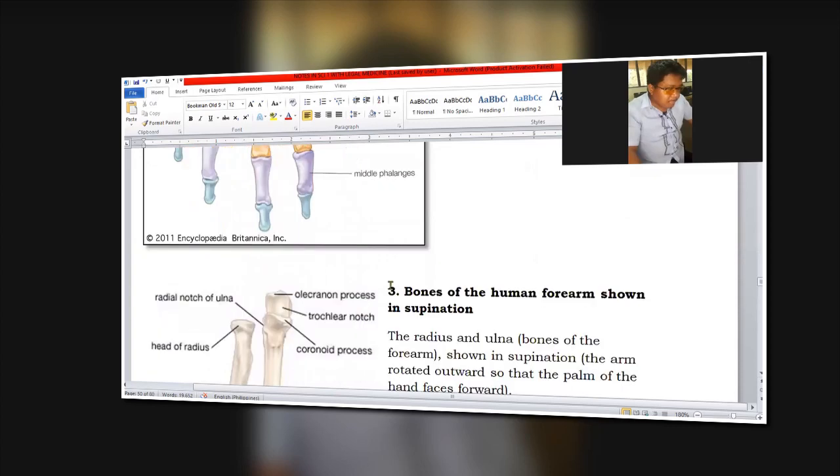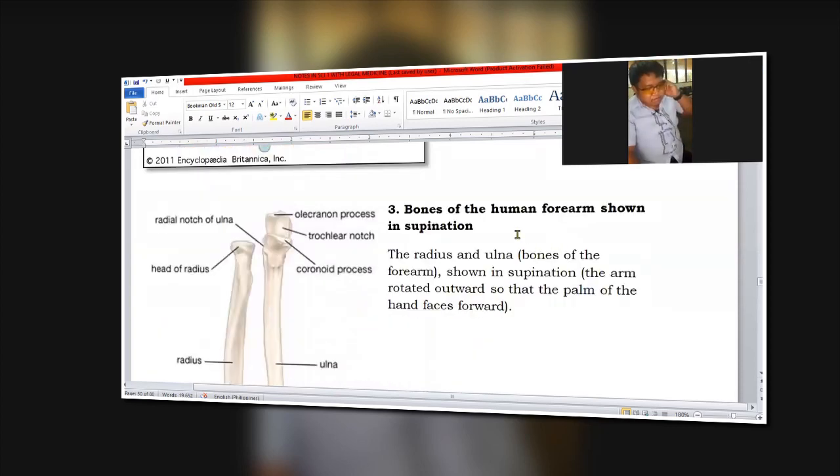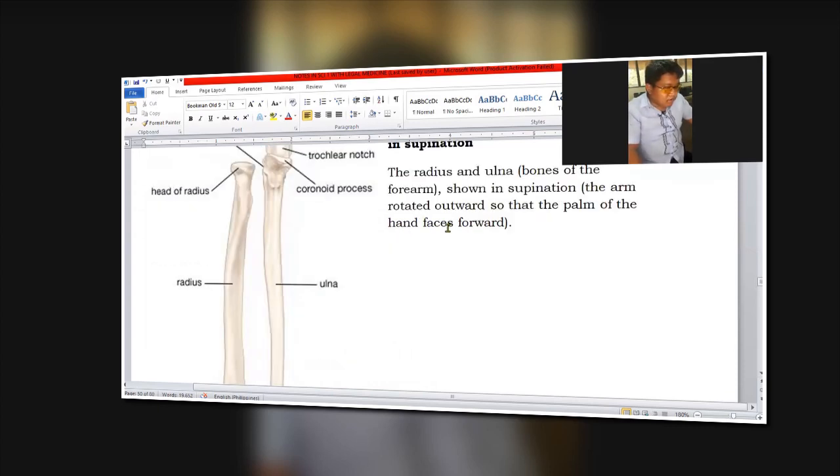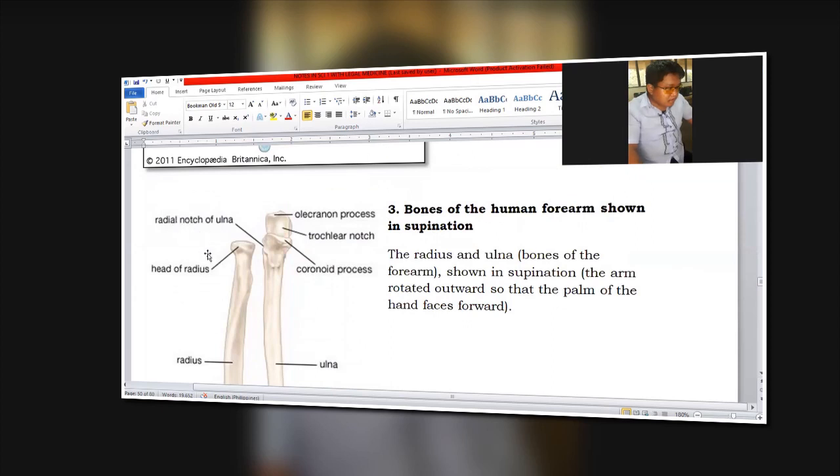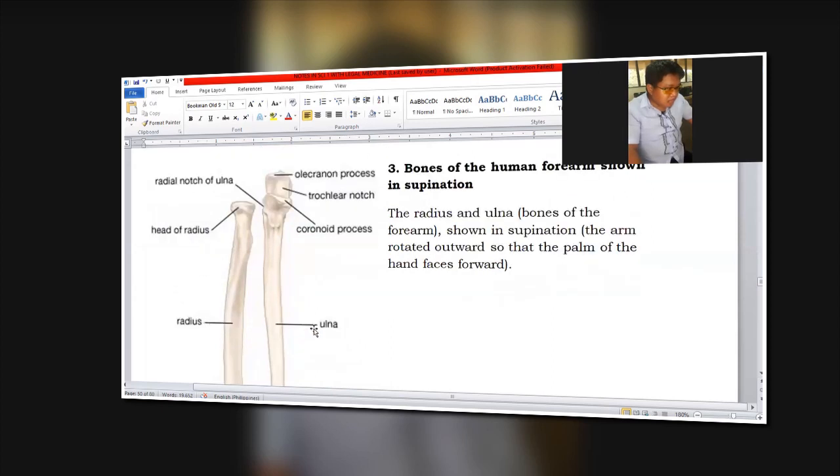Bones of the human forearm. You should know your forearm. The radius and ulna, because there are two. Olecranon process, coronoid process, radius, ulna.